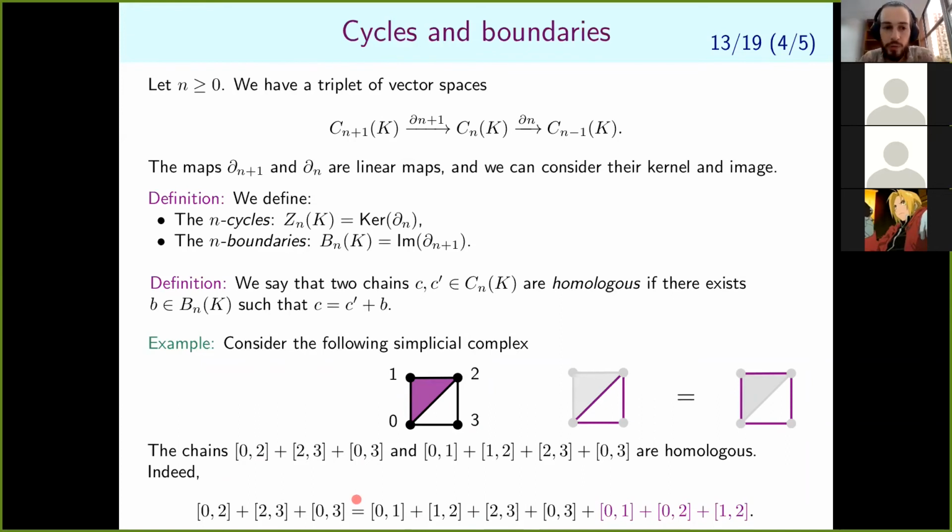So from our point of view, these two chains are homologous. In other words, these two chains will be the same for us. And the important intuition is that you see this chain here, you can deform the chain to obtain the second one. This is what it means. If I draw a cycle, a chain, I can deform it by going through other simplices to obtain the other one.